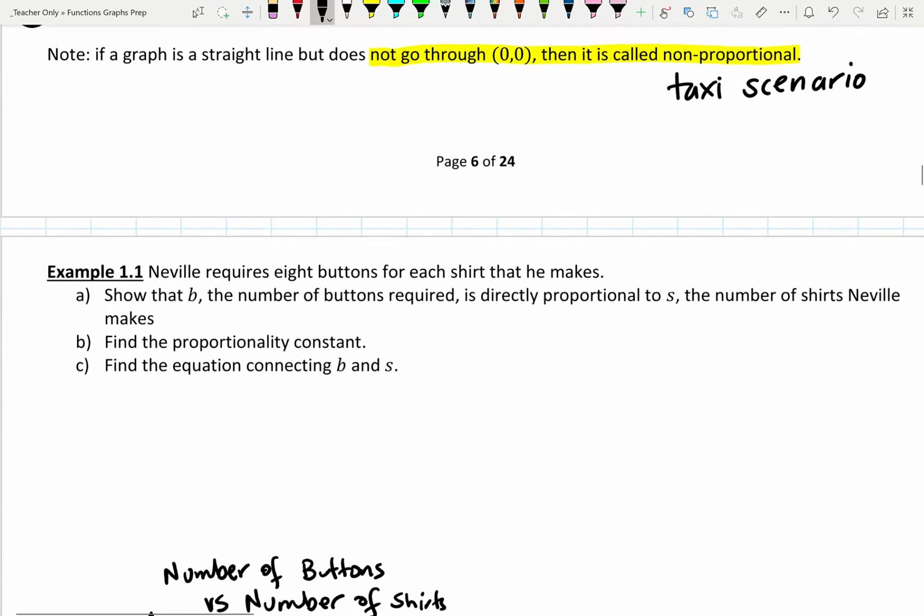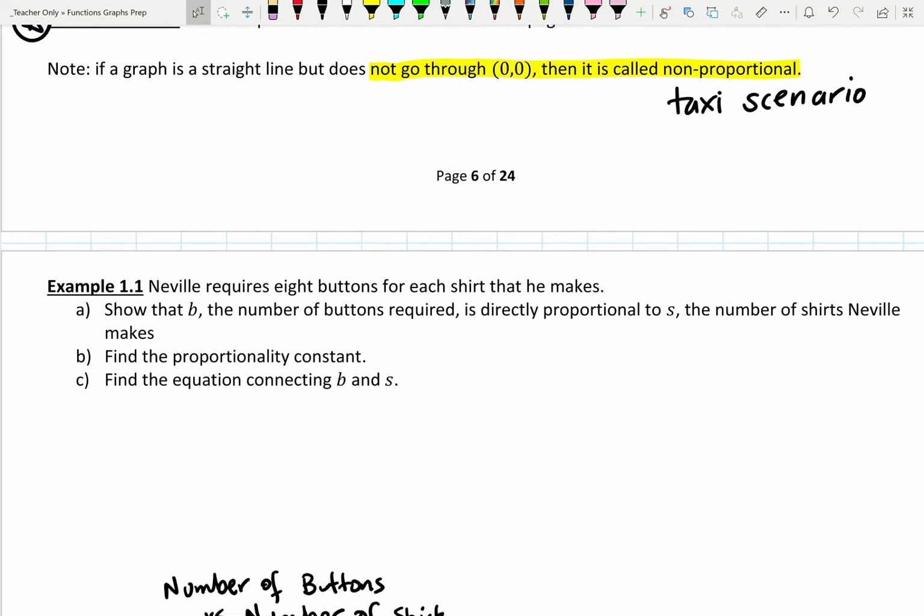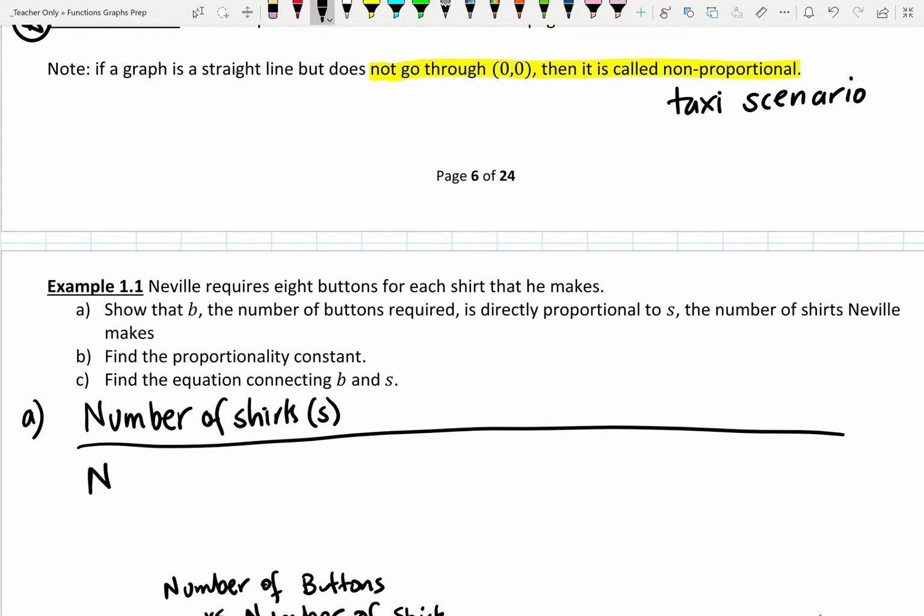All right, let's have a look at an example. So Neville requires 8 buttons for each shirt that he makes. Show that B, the number of buttons required, is directly proportional to S, the number of shirts that Neville makes. So we would start by making a table of values. Our x, or our independent variable, which is the number of shirts, goes on the top line, and our dependent variable, which is the number of buttons, goes on the bottom line.